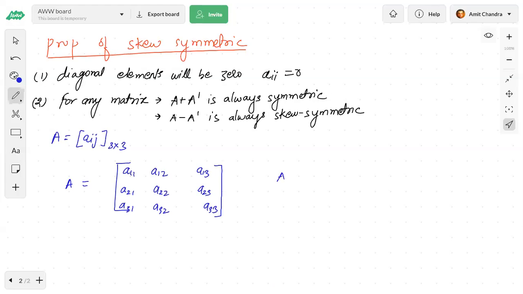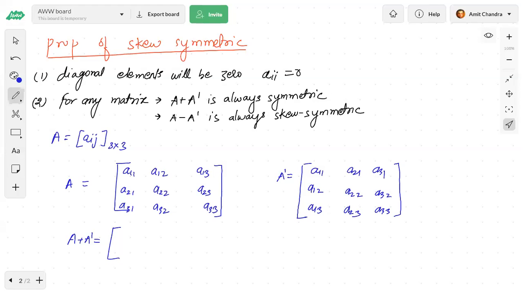And A transpose will be a matrix in which rows become columns and columns become rows. So this will be A11, A12, A13, this will be A21, A22, A23, and this will be A31, A32, and A33. Right? If I add these two matrices, you will get A plus A transpose. The first element will be added with this, so this is 2A11.